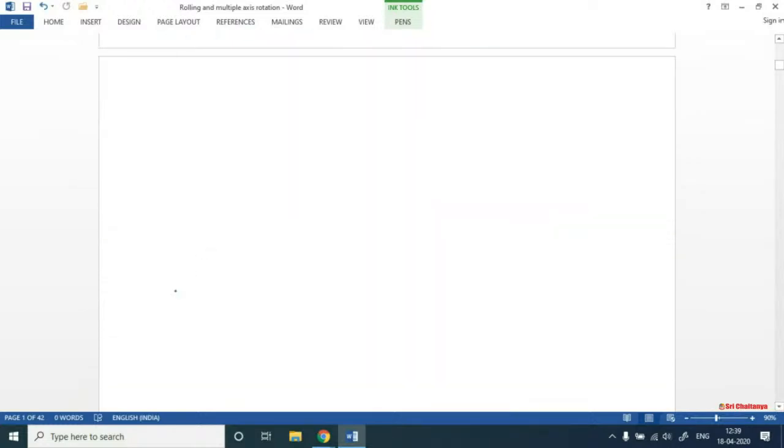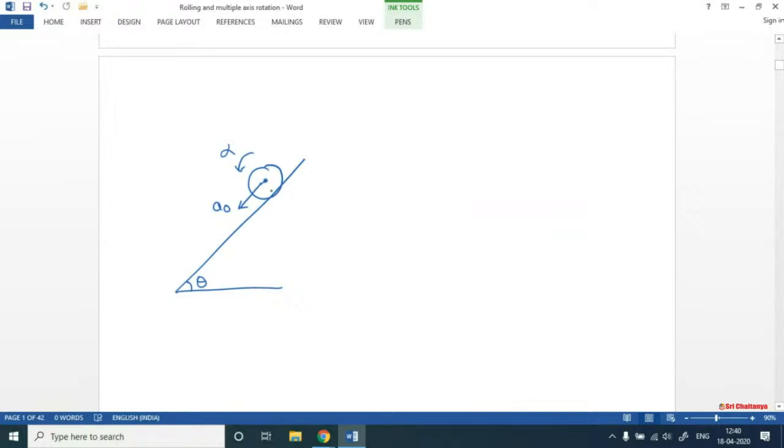So see, this is the incline, and the angle of inclination is theta, and this is the round body, and we have already found out the acceleration of its center of mass, and we have already found out the angular acceleration alpha as well.